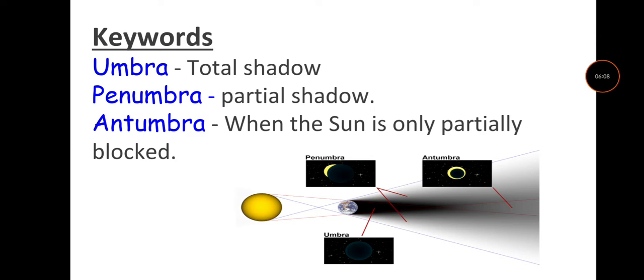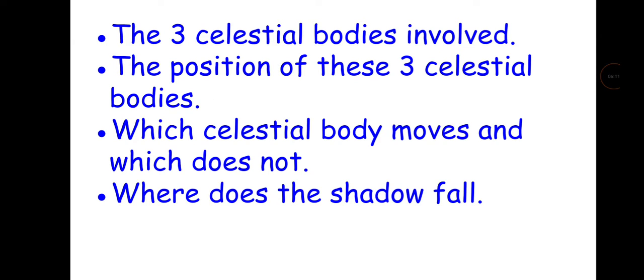And now I will show you a photo, a GIF. You need to observe that picture and write answers in your notebook. Write about the three celestial bodies involved, the position of these three celestial bodies, which celestial body moves and which doesn't, where does the shadow fall.